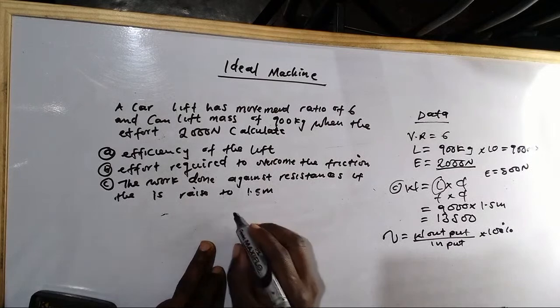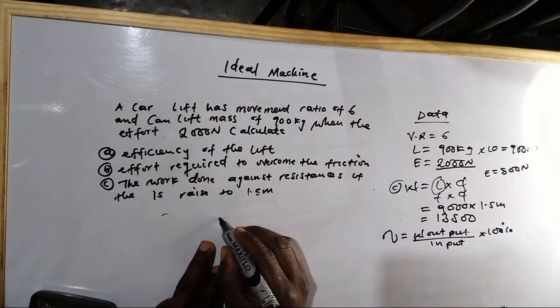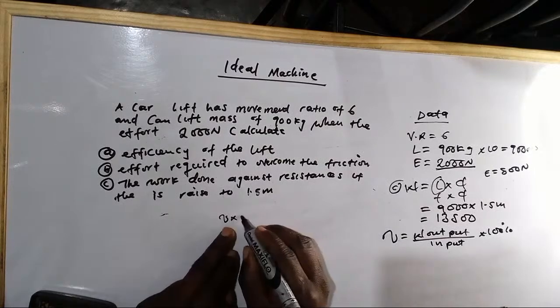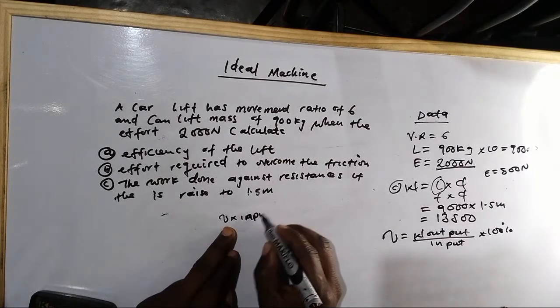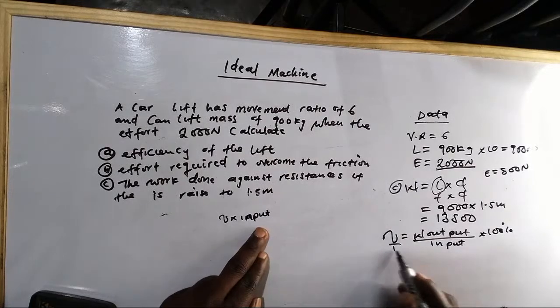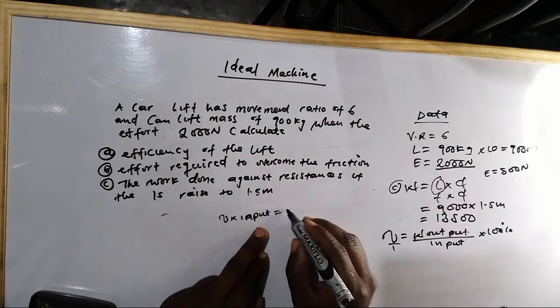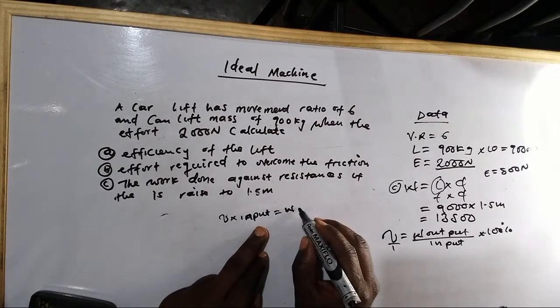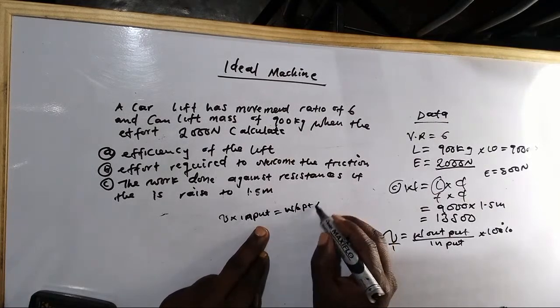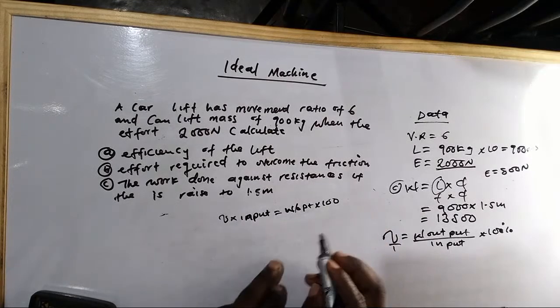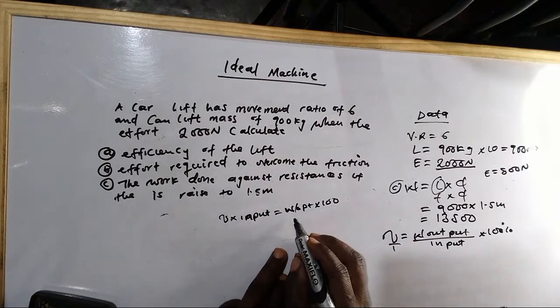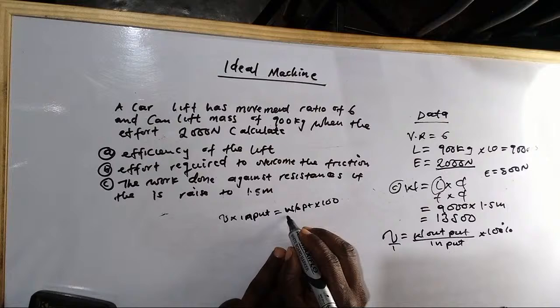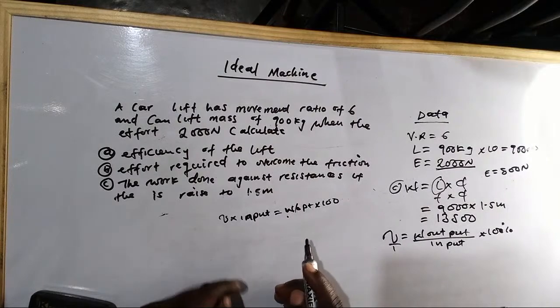So we are going to say efficiency times the input, you cross multiply here, which should be equal to work output times 100.